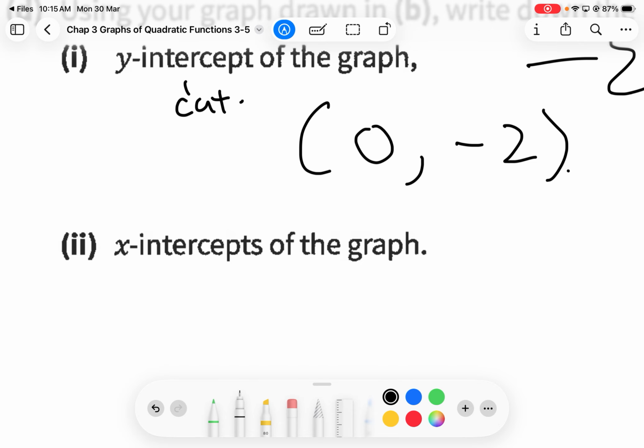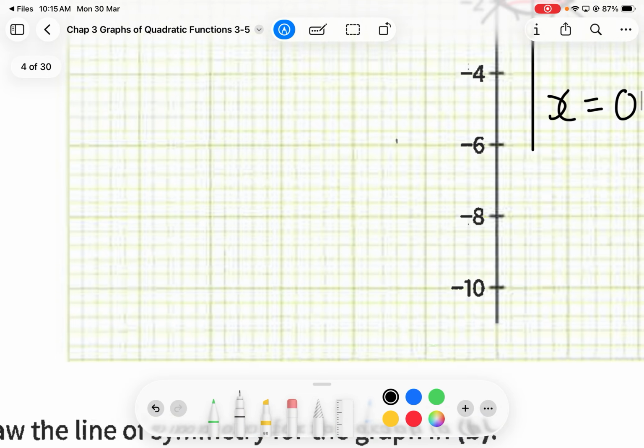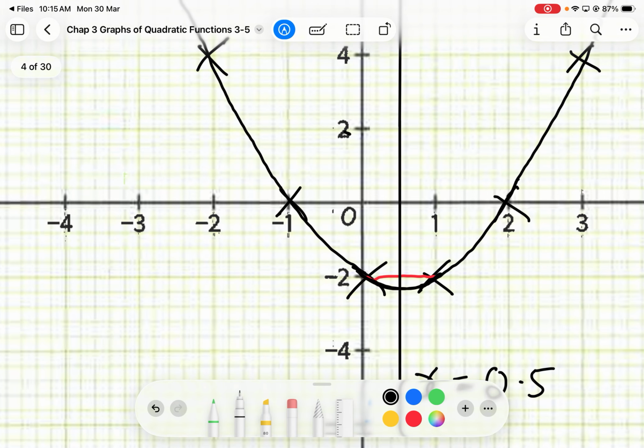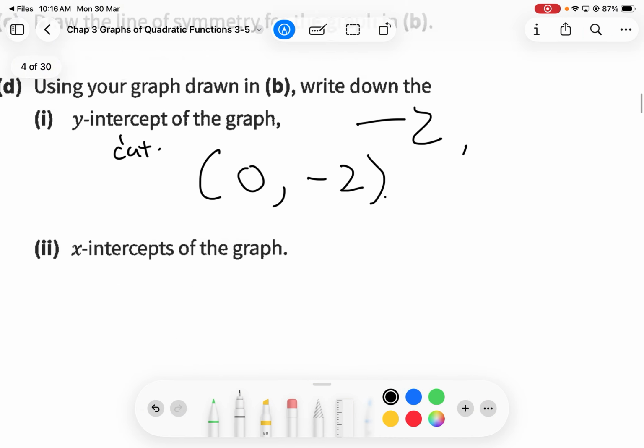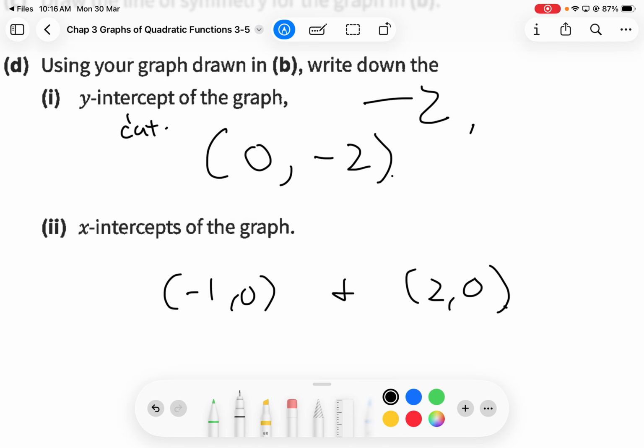What are the x-intercepts? So the 2 x-intercepts are -1, 0 and 2, 0. These 2 points. Okay? You must have 2 points, your x-intercepts.